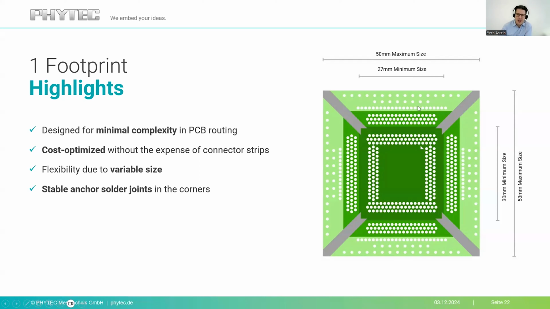And it will add additional stability to these already existing solder joints here. So we have the advantage that we can have flexible size of the module, and we have additional solder connections that will ruggedize these connections.